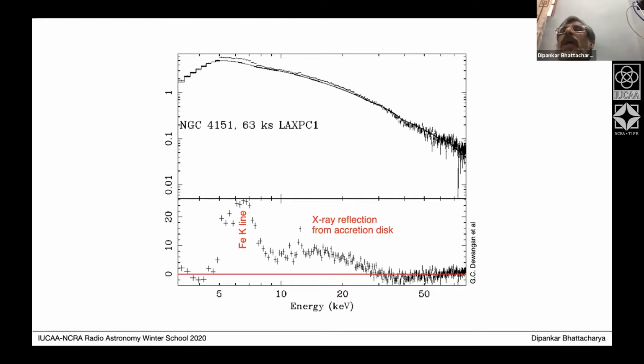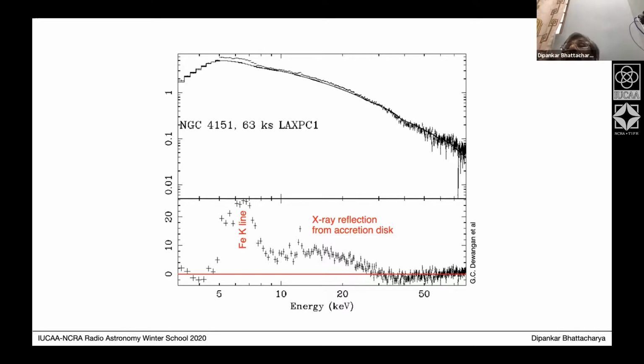And particularly for black holes, this is important because the iron K alpha line originates from the inner edge of the accretion flow, the circulating accretion flow, so it can tell us how close to the black hole the inner edge of the accretion flow extends.